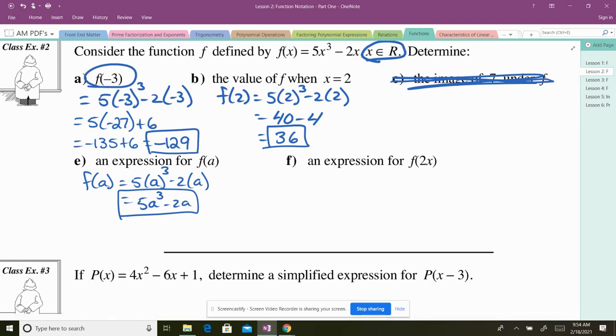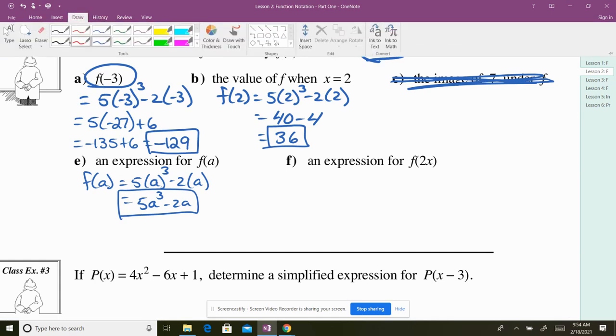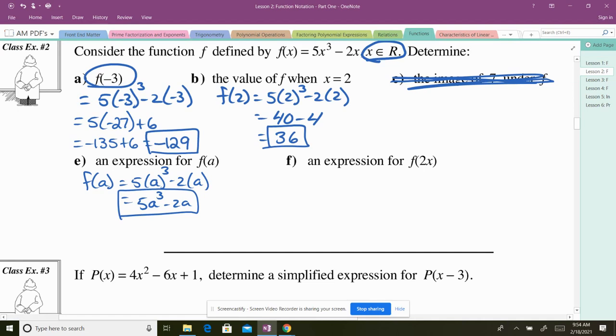But x one changes a bit. All right. An expression for f of 2x. So, hang on. Whatever's in the brackets goes where? In for the x's. Substitute. Even if it's the same variable, put brackets around what you put in. So we go f of 2x is equal to 5.